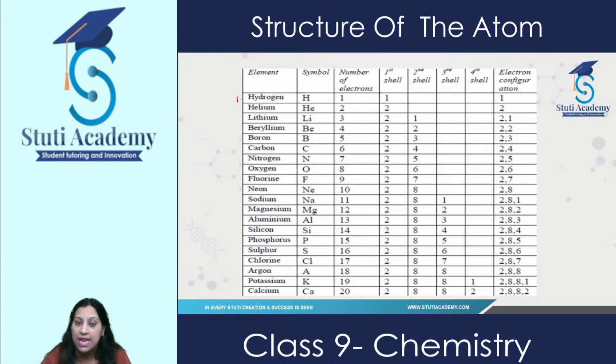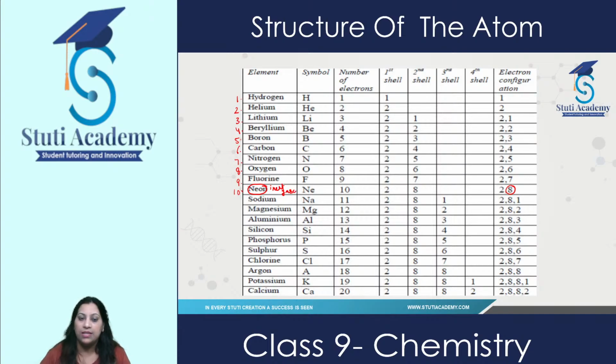Then second is helium. Then third we have lithium. Fourth we have beryllium. Fifth boron. Sixth carbon. Seventh nitrogen. Eighth oxygen. 9 fluorine. 10 neon. As you can see now in this neon, in the outermost shell 8 electrons are already present. That's why we call it an inert gas. This neon is an inert gas.